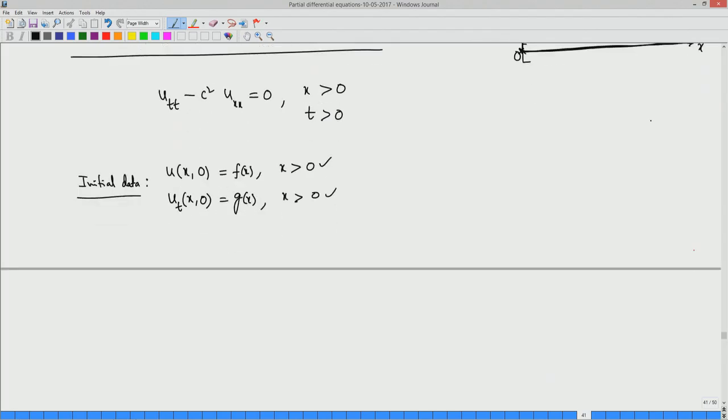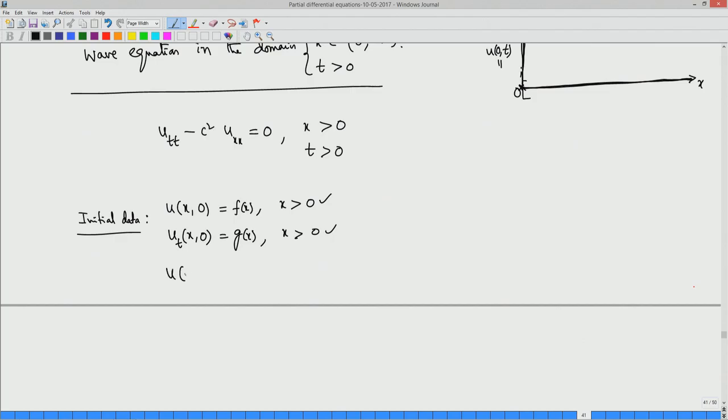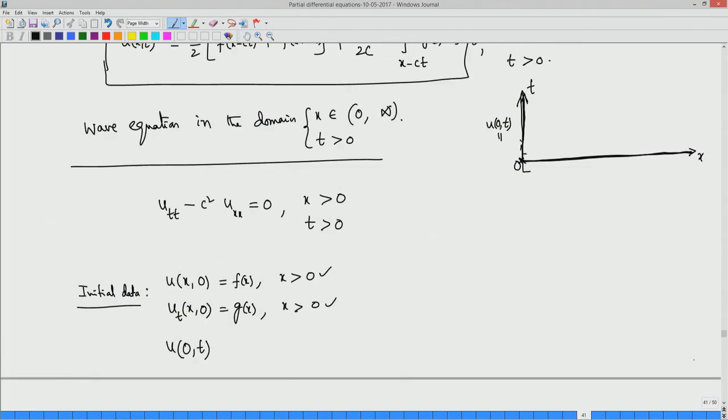The boundary is at x equal to 0 for all times t. So on this boundary you provide u at 0,t, so this should be known. Either this, or you may want the flux, that is the derivative with respect to x at 0,t. Either this or this you should provide.